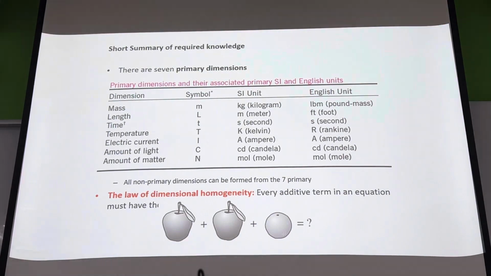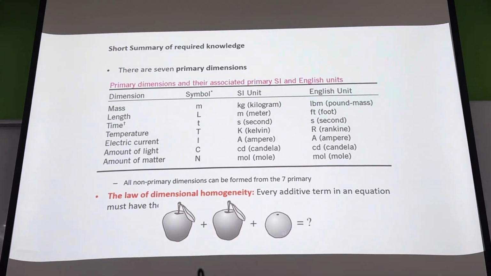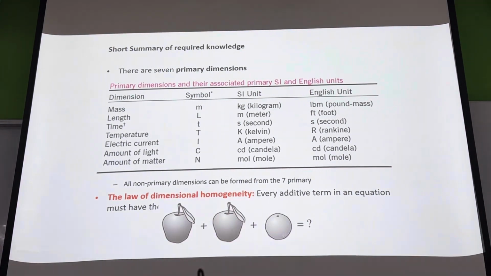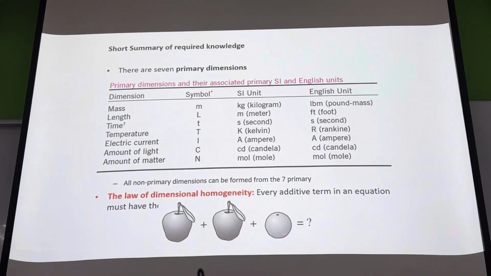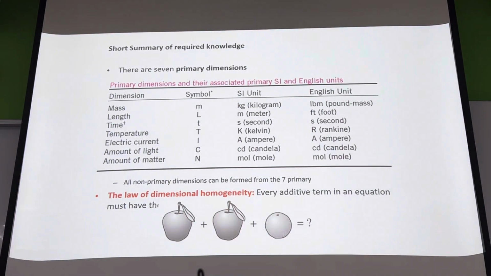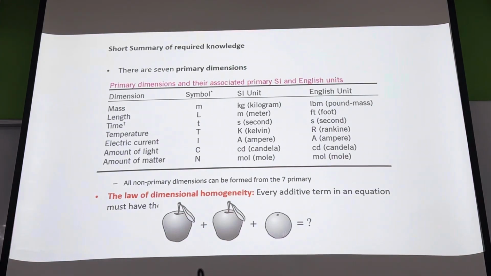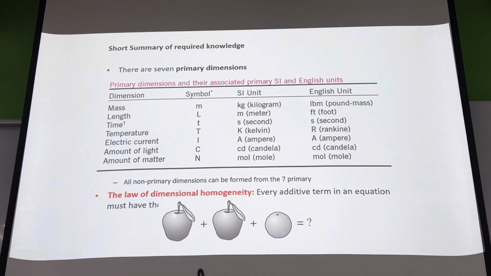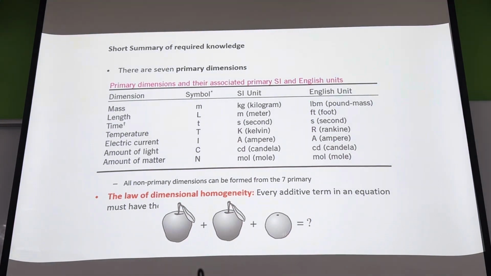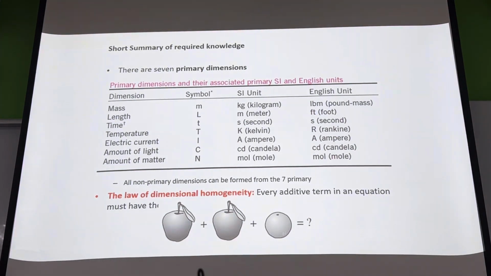dimensional similarity. There are 7 primary dimensions you can work with: mass, length, time, temperature, current, amount of light, and amount of matter. You can derive any other unit knowing these.